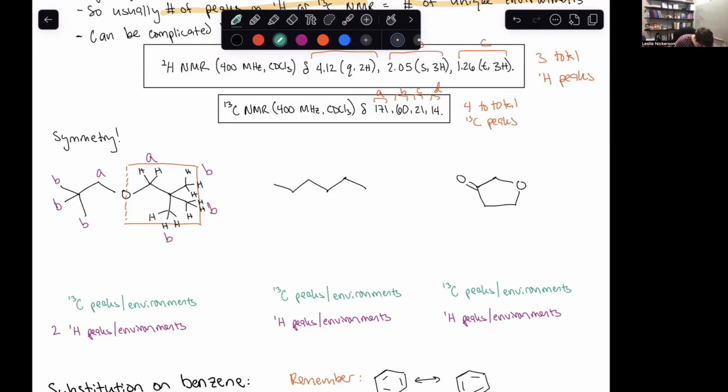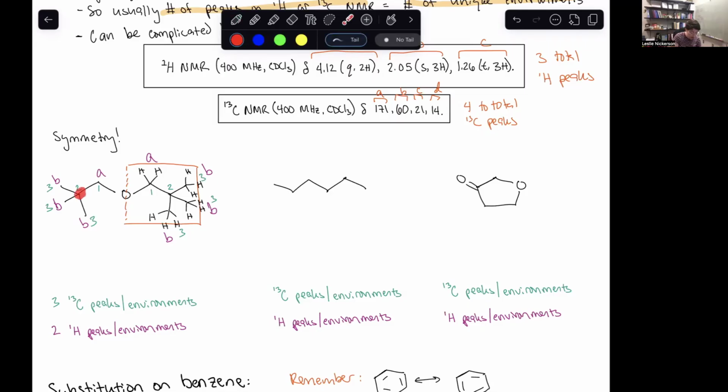So for our carbons, we've got 1, 2, and 3. Okay, so 3 carbon peaks. And again, those are mirrored on our other side, where we have the same 1, 2, 3 carbon peaks as well.